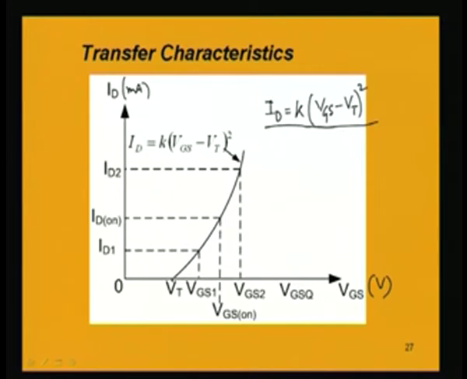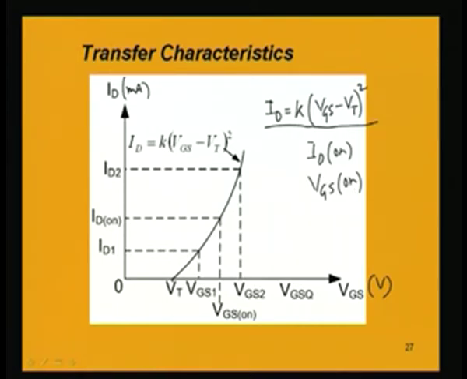Now, another point can be obtained from the specification of the MOSFET given in the data sheet, because generally in the data sheet, they give ID on and VGS on values. That means, these are the measured values for the drain current and the gate to source voltage when the MOSFET is in on condition or in the saturation region.